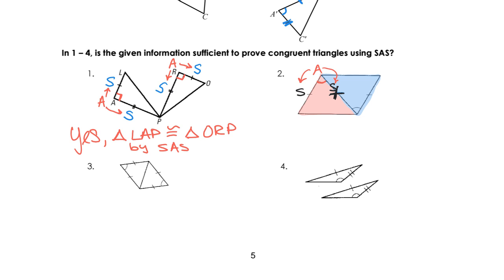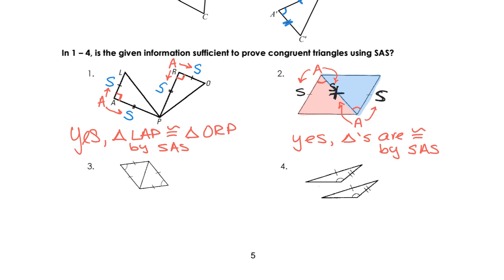Okay, let's check the blue triangle. In the blue triangle, I have the reflexive side again and the single tick mark side. The angle that has the arc mark in it is between my 2 sides. And so this is a yes. Okay, these triangles don't have names, so we could just say triangles are congruent by side, angle, side.